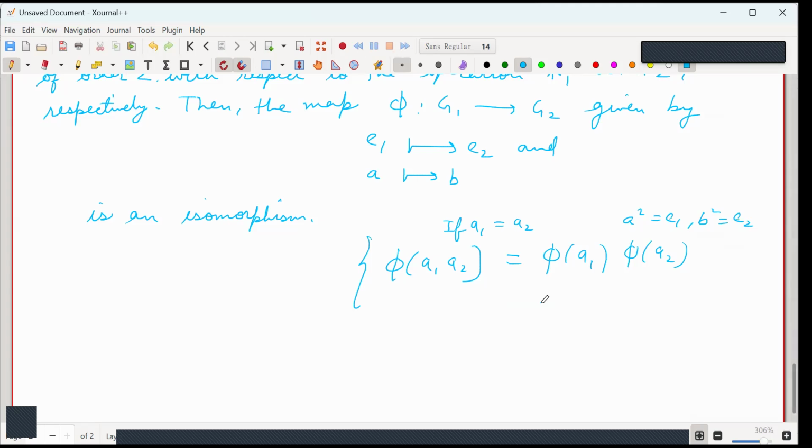So if they are same, then whatever these A1, A2 are, whether they are A or identity, the product has to be identity. And again, since phi of A1 is same as phi of A2, this will also become E2, because we are taking the square of the same element. So when they are same, clearly this identity holds.